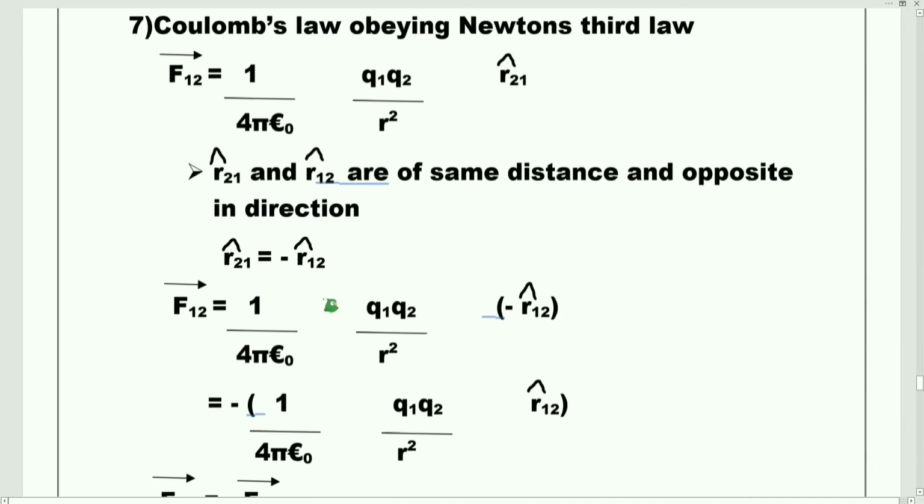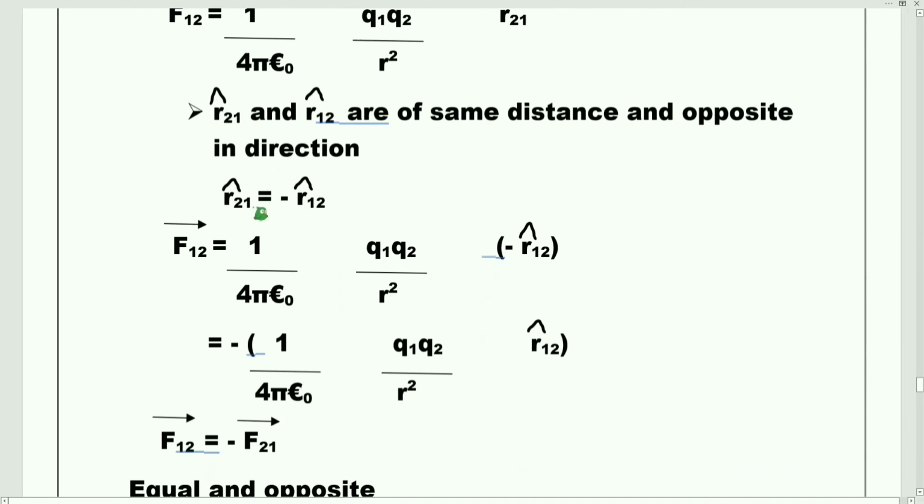Now, in the place of R21 unit, we write minus R12 unit. Then the force F12 vector is equal to minus 1 by 4 pi epsilon naught Q1 Q2 by R square R12 unit.